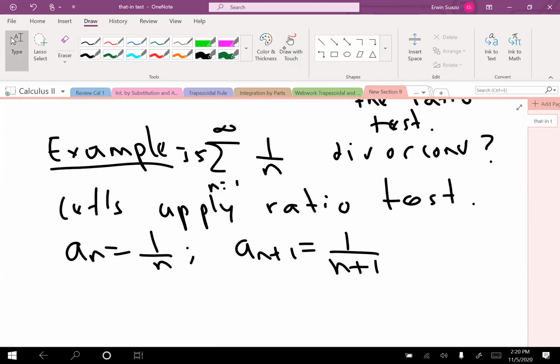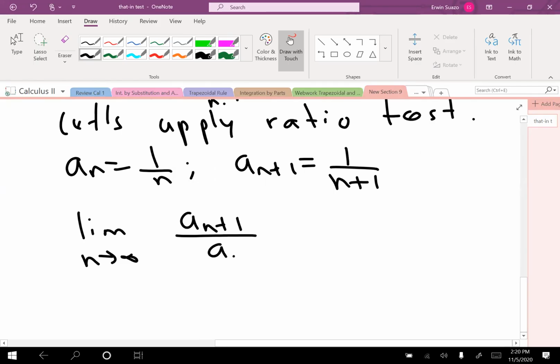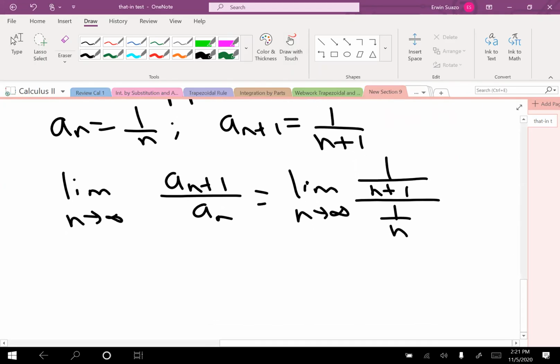Yes. And then we find the limit as n goes to infinity of a_(n+1) divided by a_n. This is the limit as n goes to infinity of 1 over n plus 1, over 1 over n. So let me give you 1 minute to find that limit. Tell me what you got.